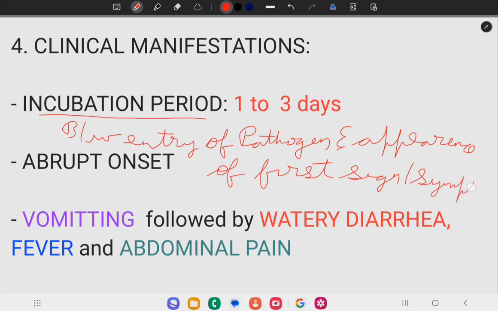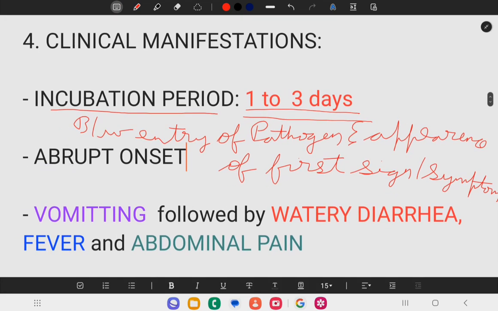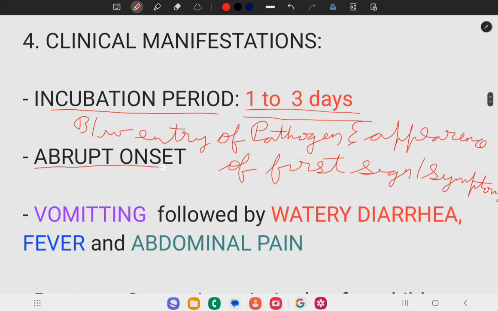In rotavirus diarrhea, incubation period is 1 to 3 days and the disease is abrupt in onset. Abrupt in onset means sudden appearance of symptoms.